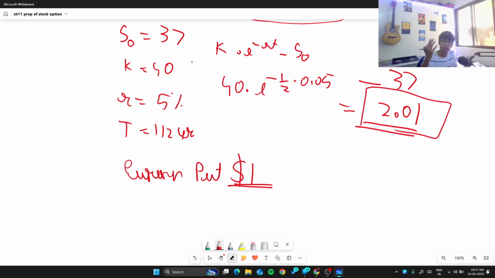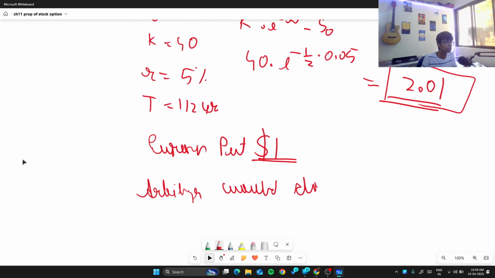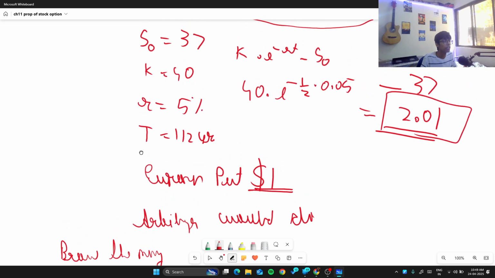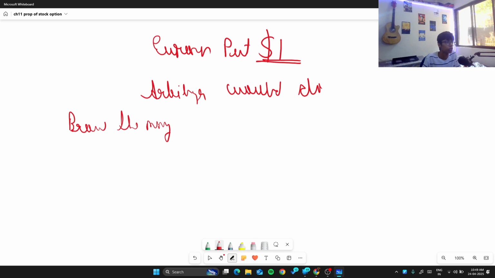So what would an arbitrageur do? The arbitrageur will borrow the money. How much money does he need? 38 rupees, because 37 to buy the stock and 1 for the put option on it, so 37 plus 1 is 38.